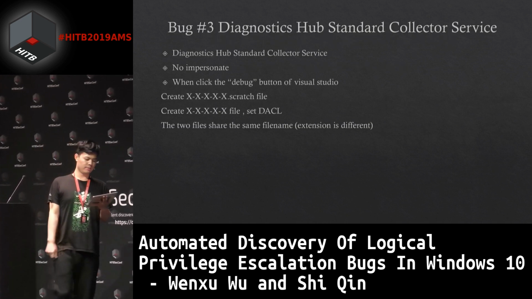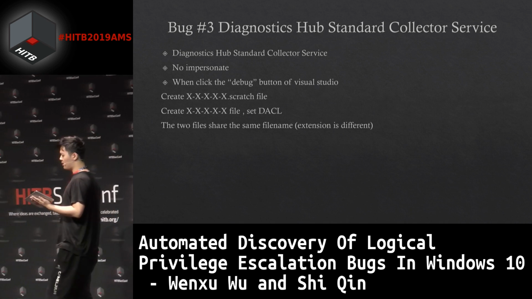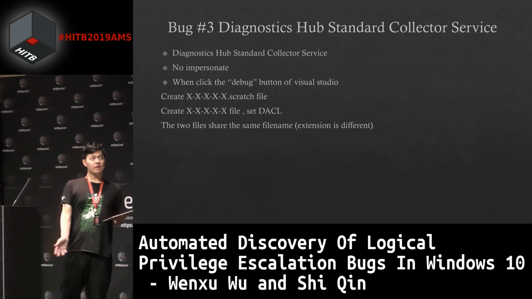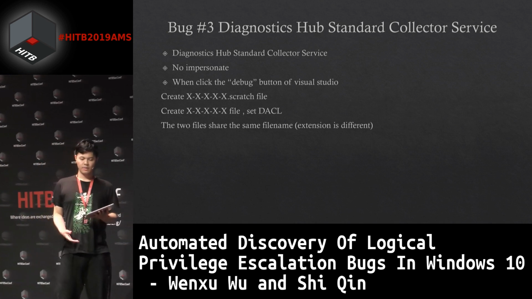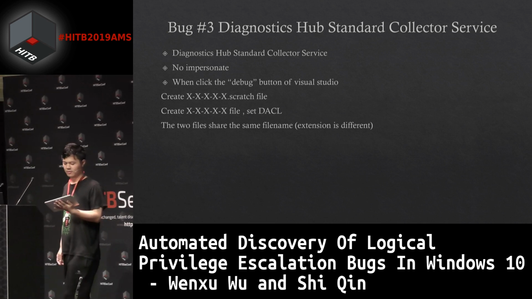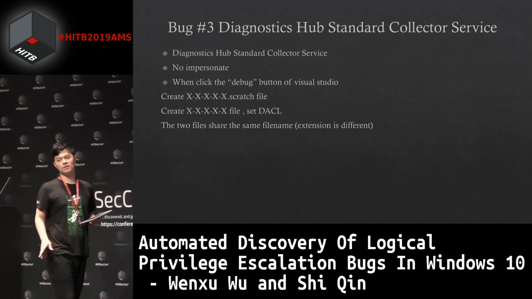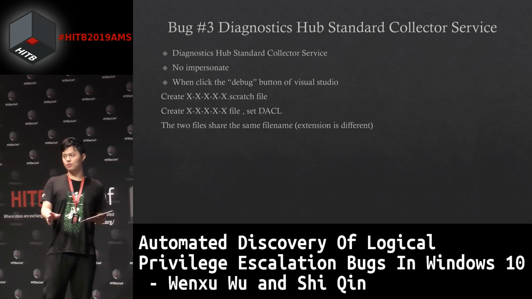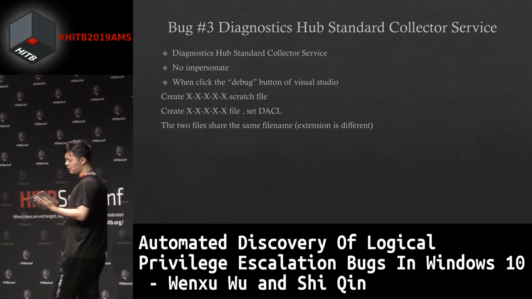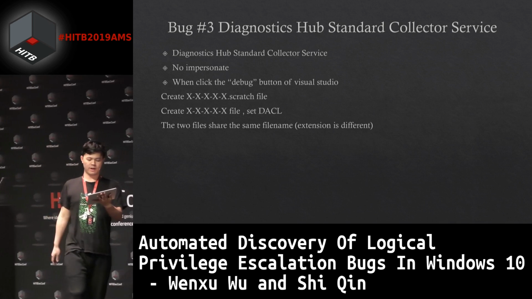And the next one is located in Standard Collector Service. There is no impersonation again. It seems Microsoft always forgets to add it. When you try to click the debug button on Visual Studio, it will do the following operations. First, it creates a scratch file.